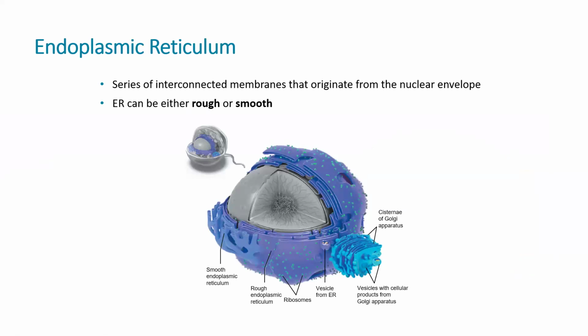Now, the rough ER is going to have ribosomes on it. It's going to be interconnected between multiple levels of these membranes, and they're going to kind of branch out from the nuclear envelope.